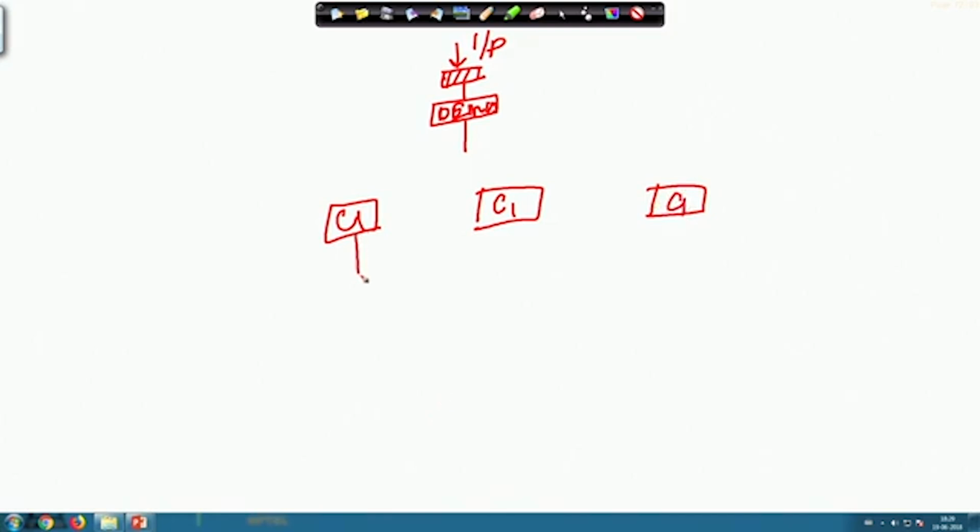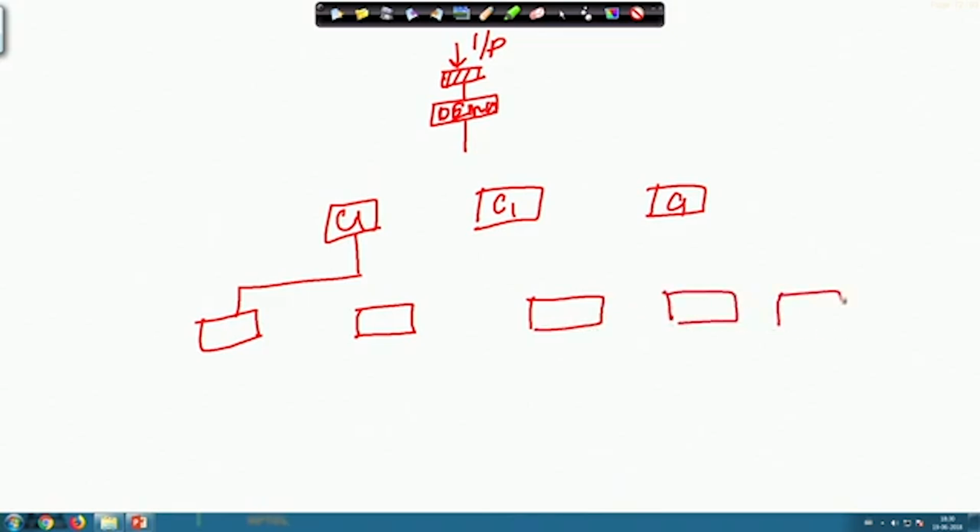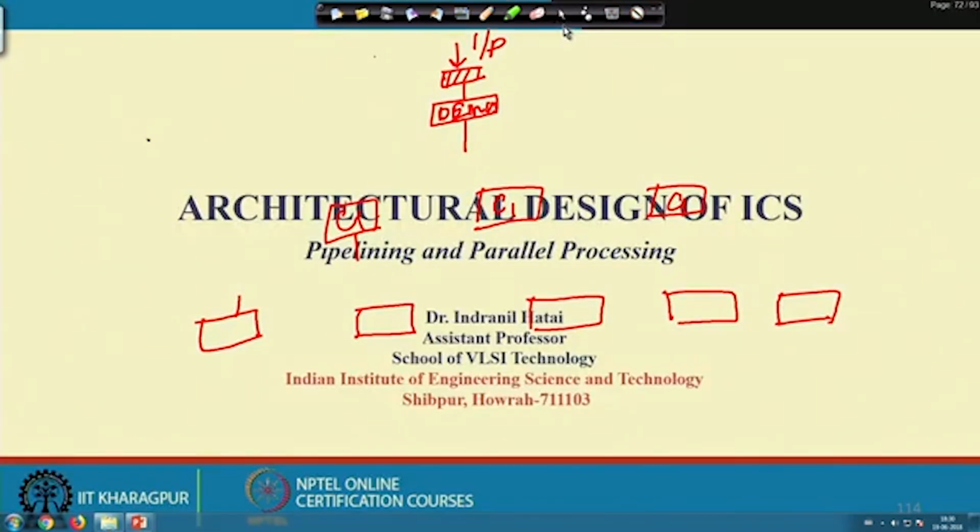Then this will be distributed to, okay, not this one, this will not be directly connected.